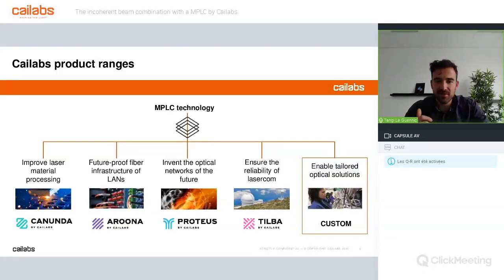Tilbar is dedicated to free space satellite laser communications. Proteus, which invents the networks of the future, proposes some kind of space division multiplexer. And finally, we have Custom, which is not a product, but where we enable tailored optical solutions for specific developments in defense, aeronautics, automotive, sensors, or biomedical. Our Cailabs combiners are part of this last family.